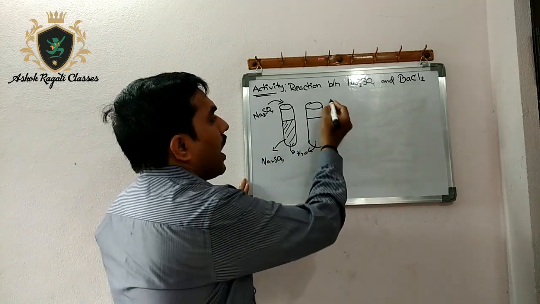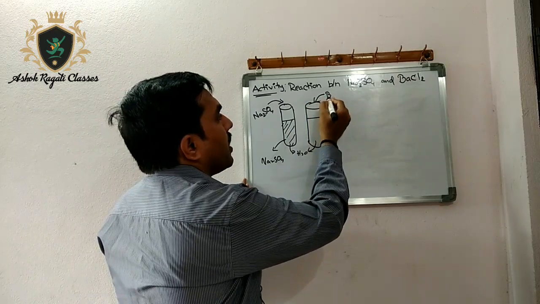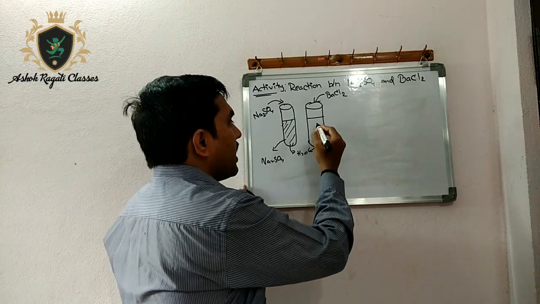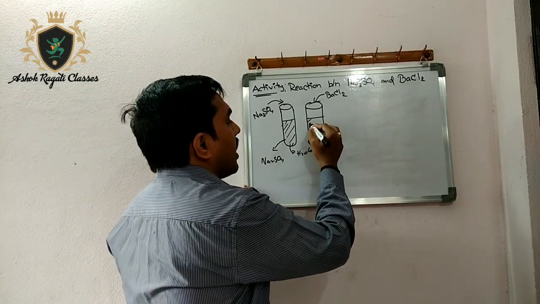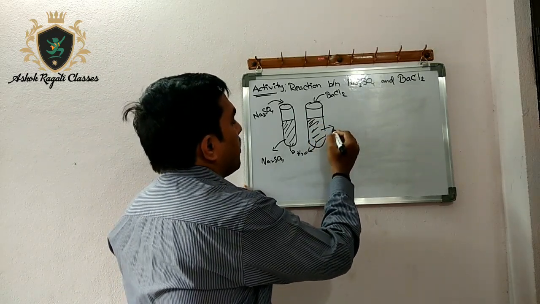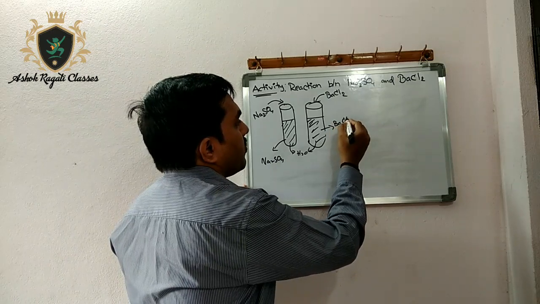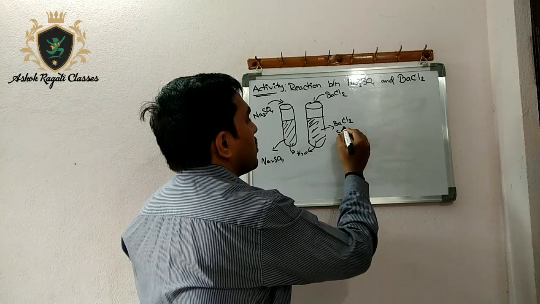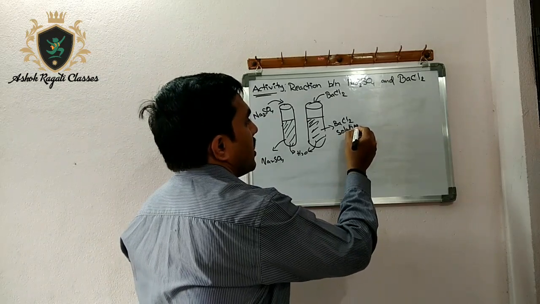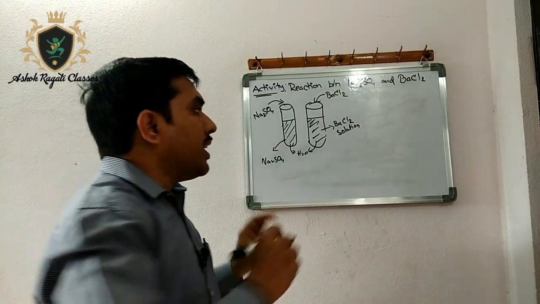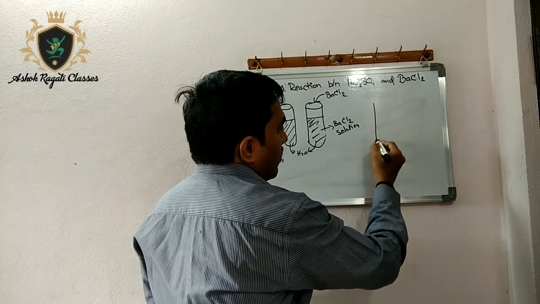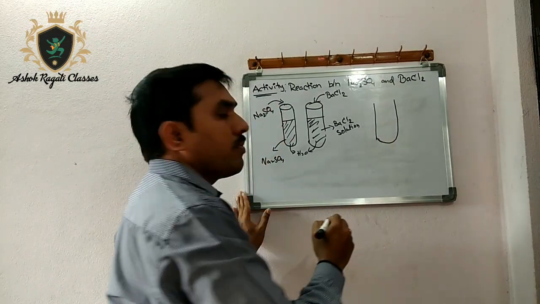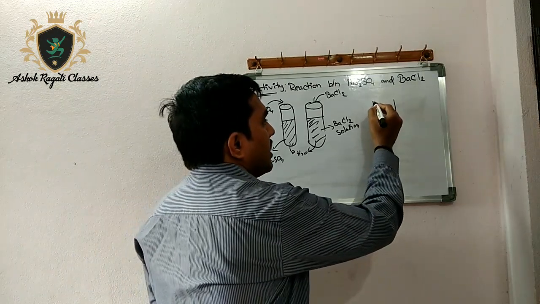In the same way, I am adding BaCl2 to the second test tube, which contains water, and again preparing the BaCl2 solution. I am taking one more test tube. That is the third test tube.